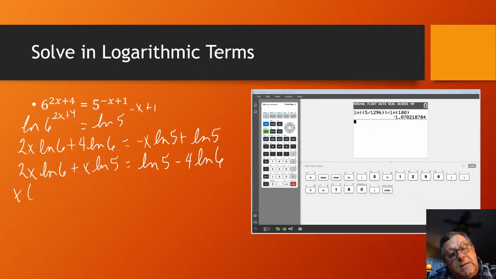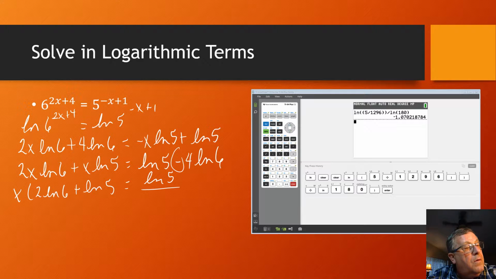Then I've got x times 2 ln 6 plus ln 5 equals, and I see that little negative right here, so I can write this as ln 5 over ln 6 to the 4th power.